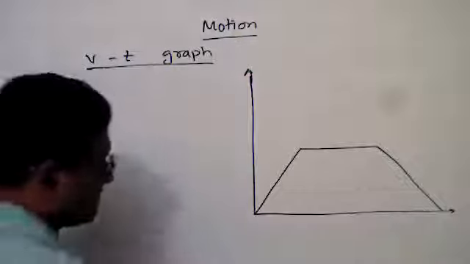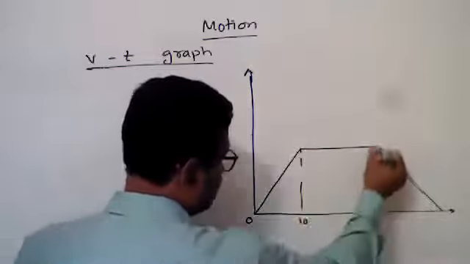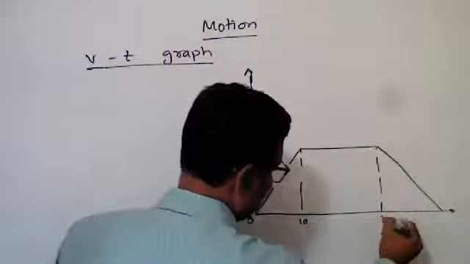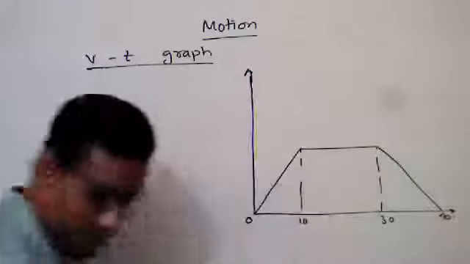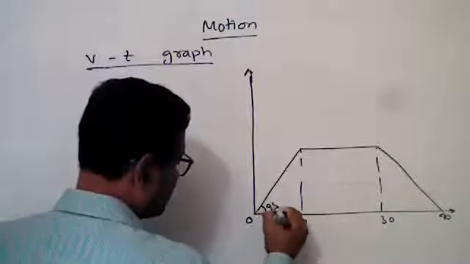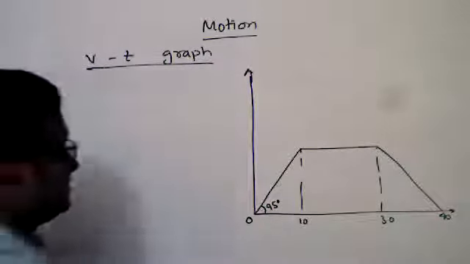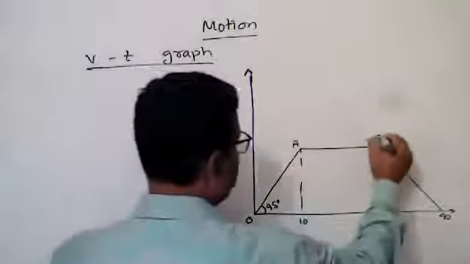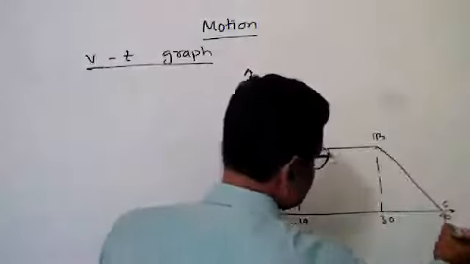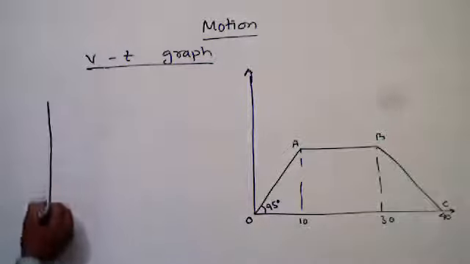This is 0, and suppose this is 10, this is 30, and this is 40. Consider it. This is O, A, B, and this is C. You have to remember this.